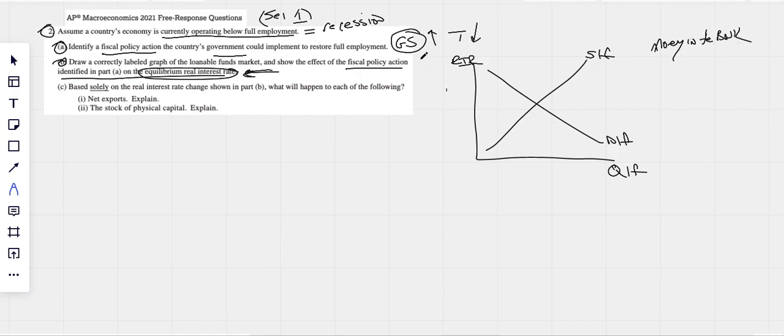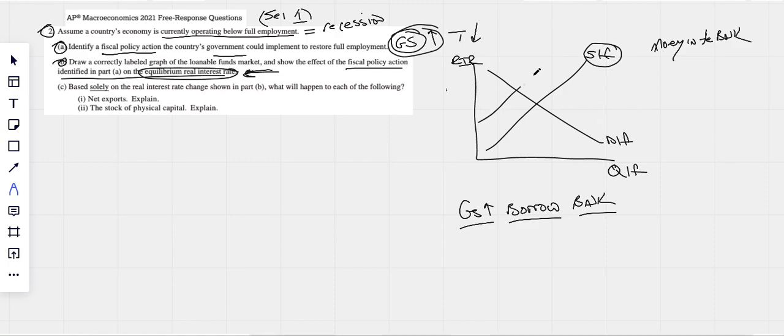So if the government is spending, what we should know by this point is that when the government spends, they have to borrow. The short answer is they're going to borrow from the banks. I know they're selling bonds, but we don't want to talk about fiscal policy and bonds. We want to think only about bonds and monetary policy. So the easiest thing is to know that whenever the government is spending, they're borrowing from the banks. When you borrow from the banks, what happens to the amount of money in the banks?